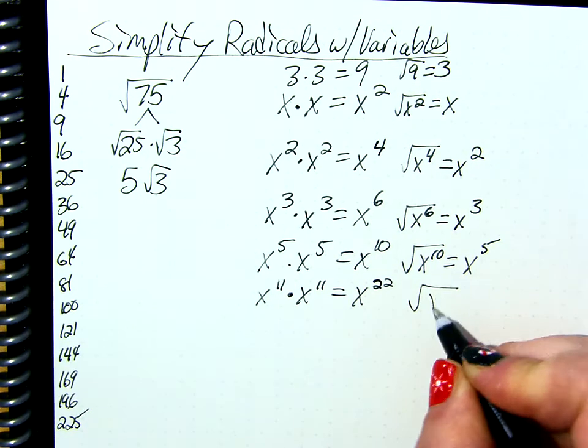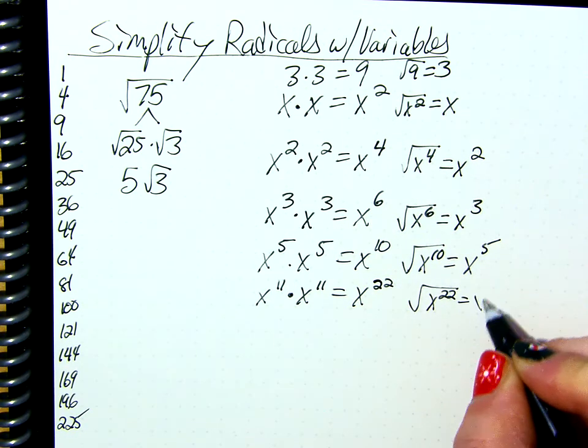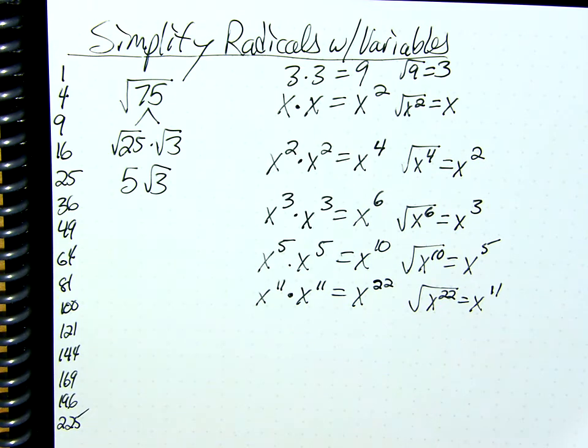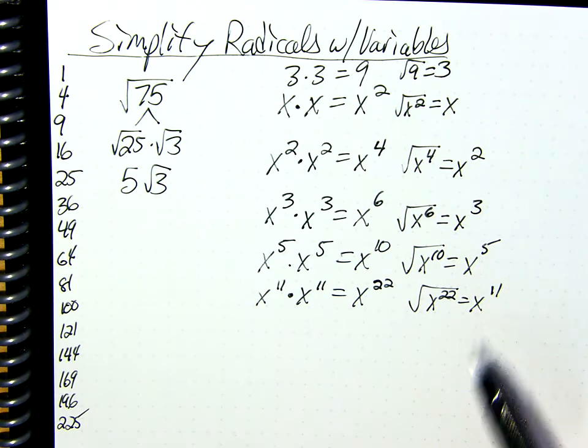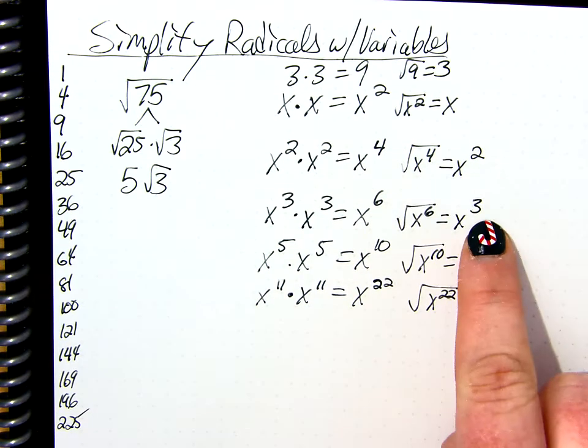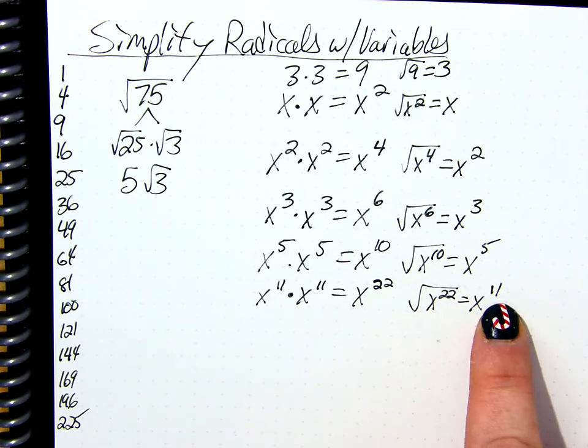So the square root of x to the 22nd must be x to the 11th. Are you noticing anything about these numbers and these numbers? I wish this had a highlighter tool. Oh man, all I have is different colors. What do you notice about these numbers?